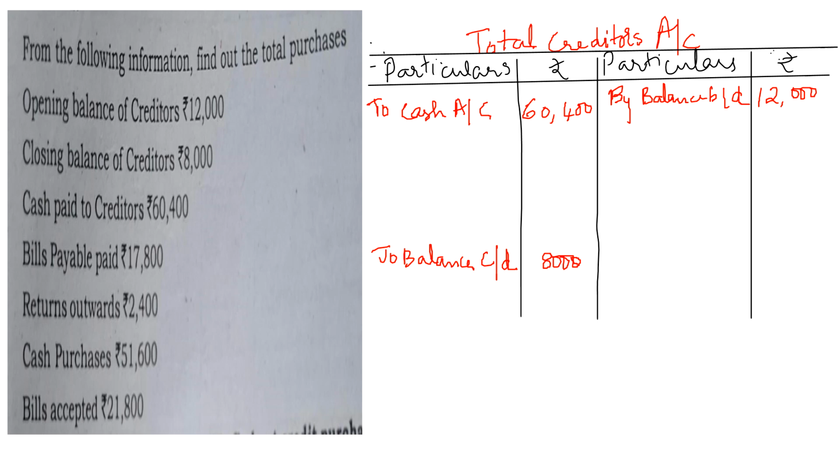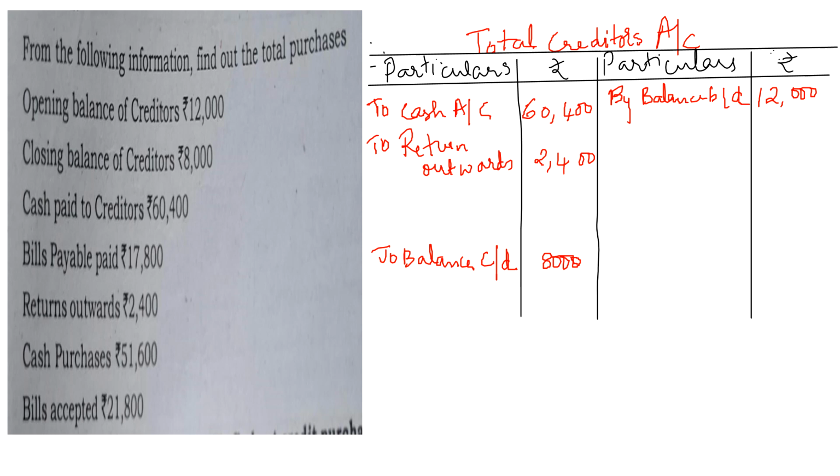Next, you have the return outwards, or it is called purchases return. So that will be recorded as to return outwards, the amount is 2,400.